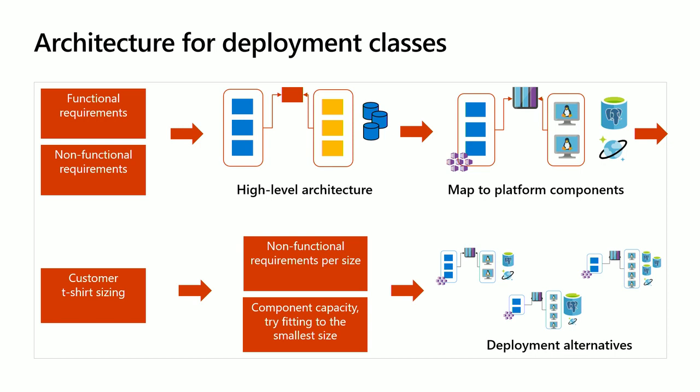Determining the customer size is of utmost importance. Then you bring the non-functional requirements back to your different customer t-shirt sizes. Remember, non-functional requirements drive things like scale, capacity, and availability, right? So those are the things that you will need to consider.